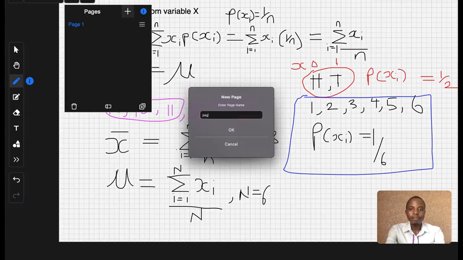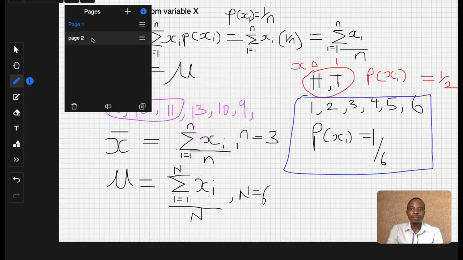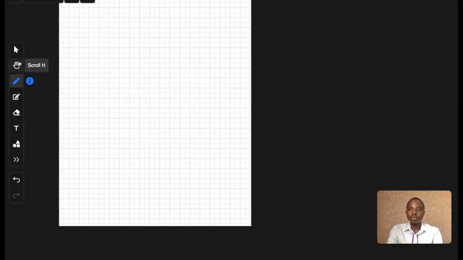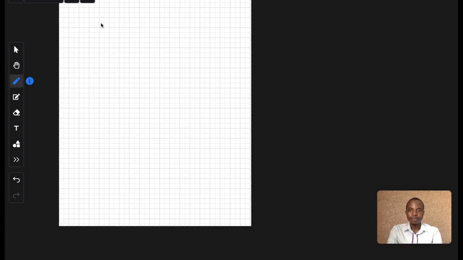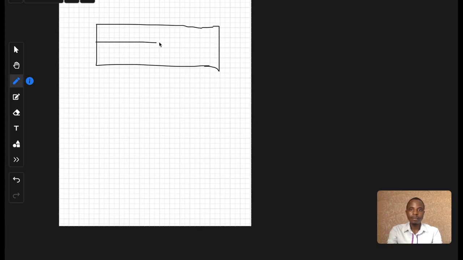Assuming that we have a fair die, tossed once. Let's assume somebody casts the die now and says, okay, we want some numbers. The possible outcomes, as you may know, are 1, 2, 3, 4, 5, and 6.